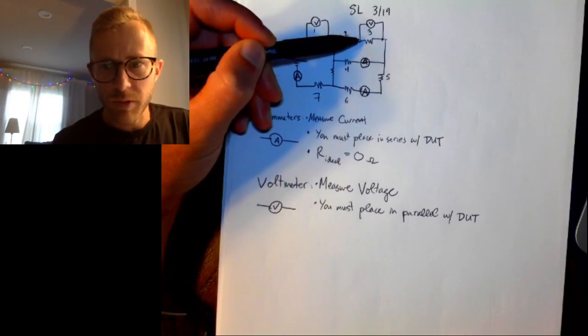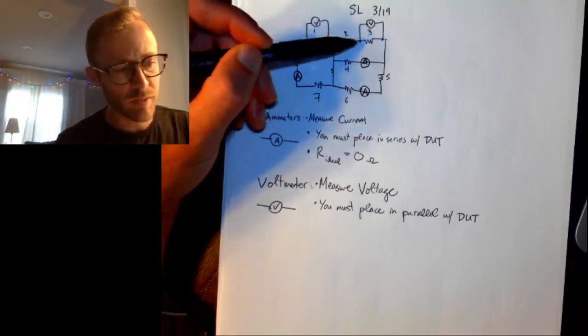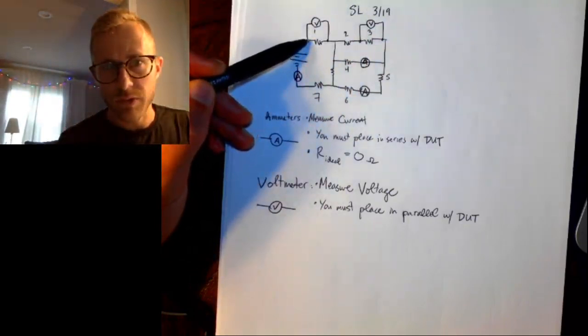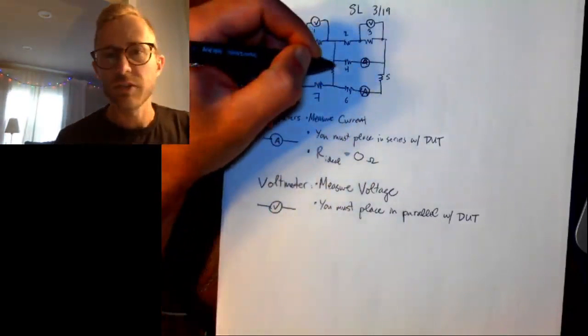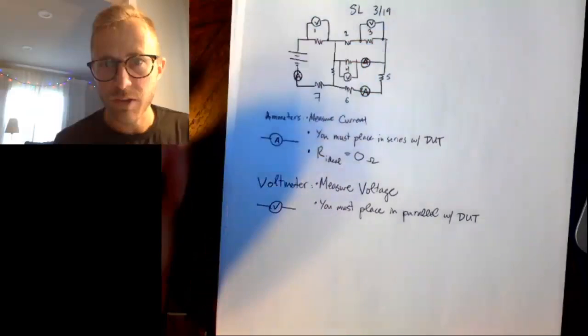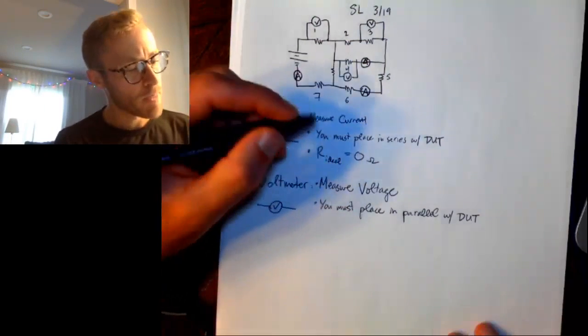But this is how I would get the voltage across resistor number 3. I place it in parallel. This is how I would get the voltage across resistor 1. I place it in parallel. This is how I would get the voltage across resistor 4. I place it in parallel, like so. All right? So you have to place it in parallel.